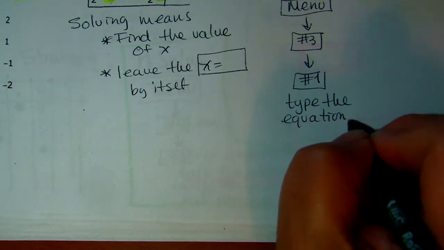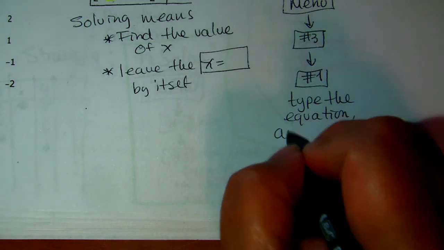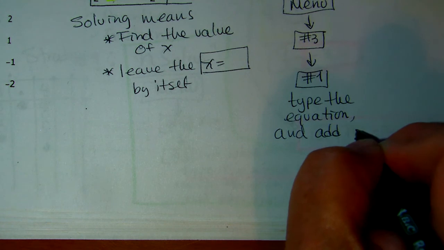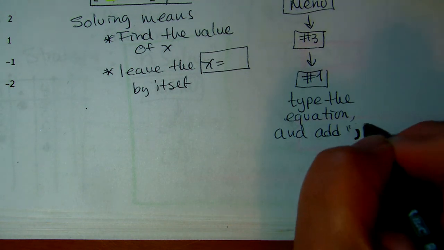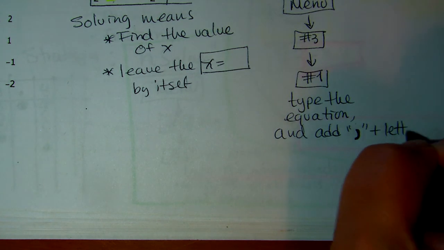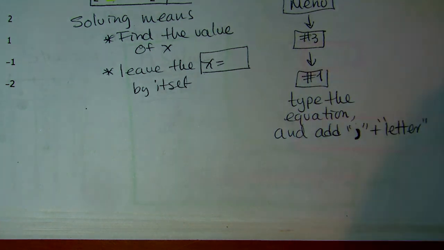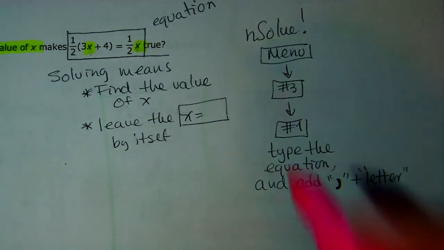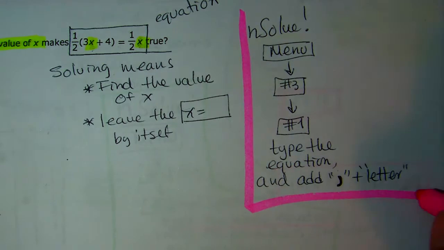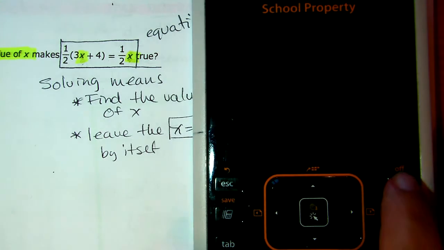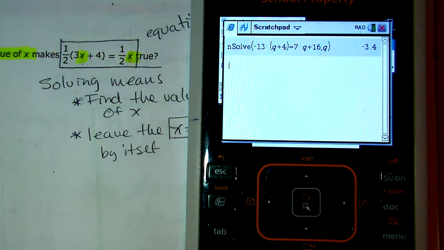And then you press comma, I'm going to make it bold, comma, plus the letter. Okay, so this is the strategy. Box it. And now let's solve it.